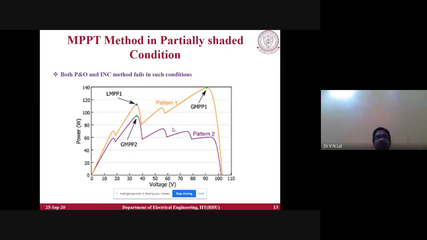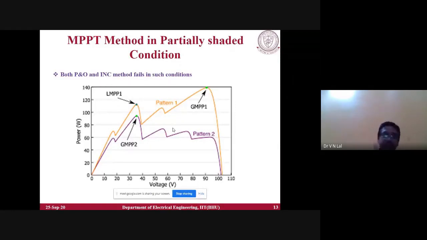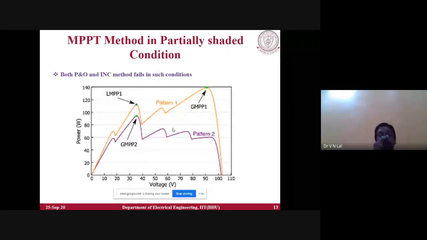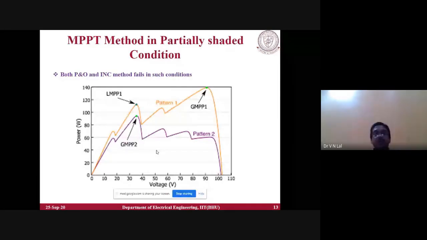And actually, there are many methods which have been published in research papers, by modifying these basic P&O and INC methods, to find the global maximum power point, because these two are simple methods.